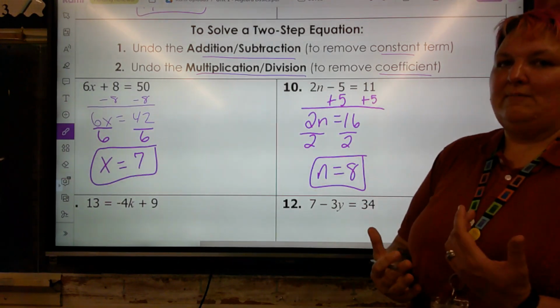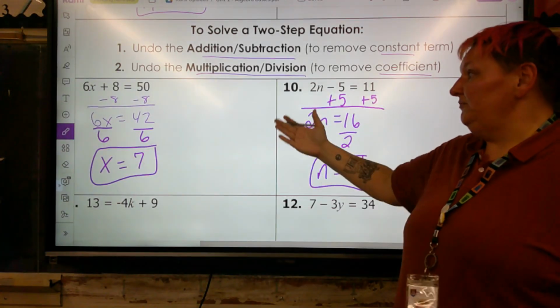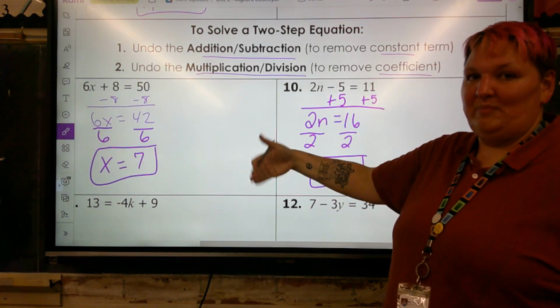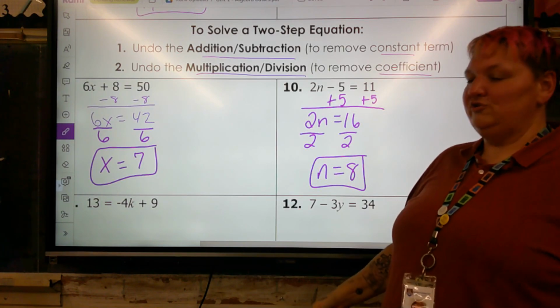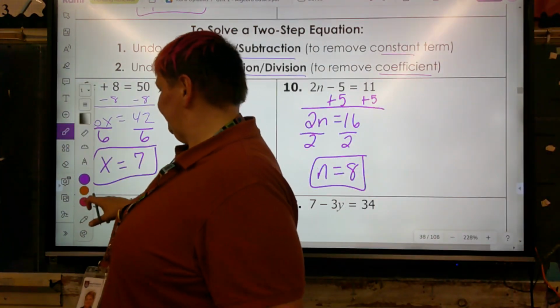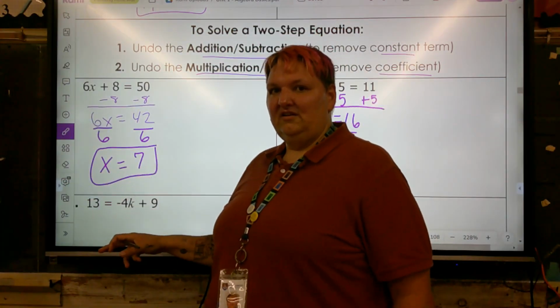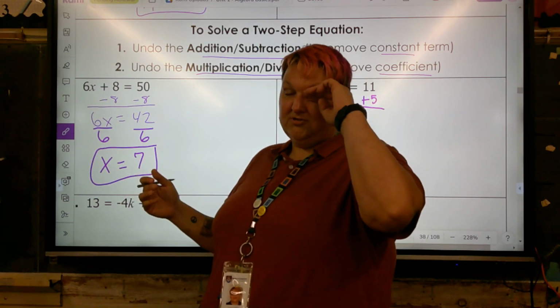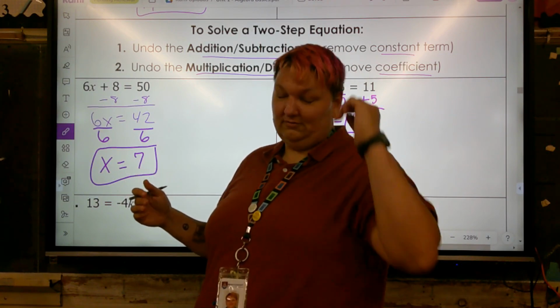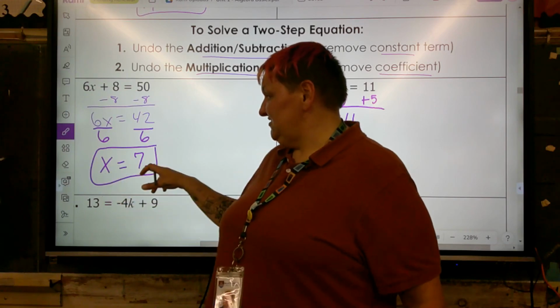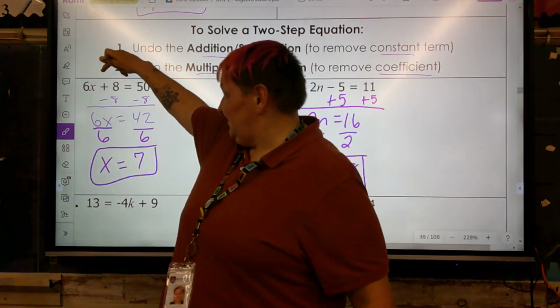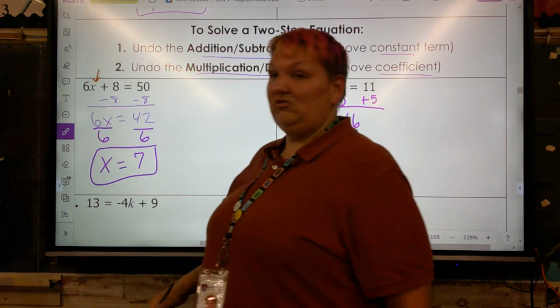Here's the best part about math. You can substitute your answer back in to make sure you have the right answer. So, on this one, if I'm saying x equals 7, I'm saying that this has to equal 7.